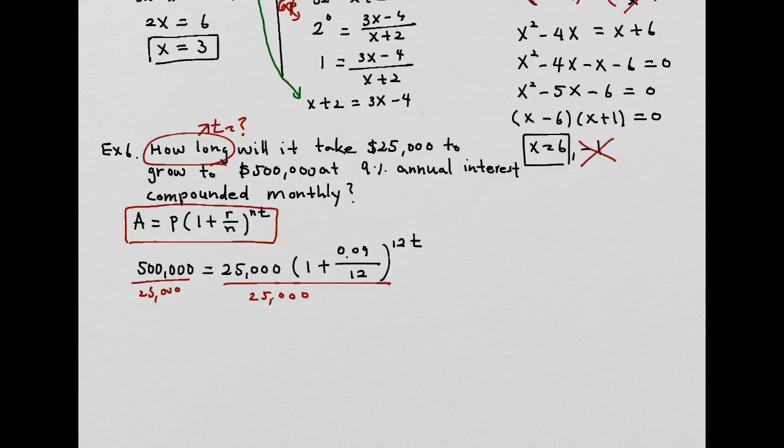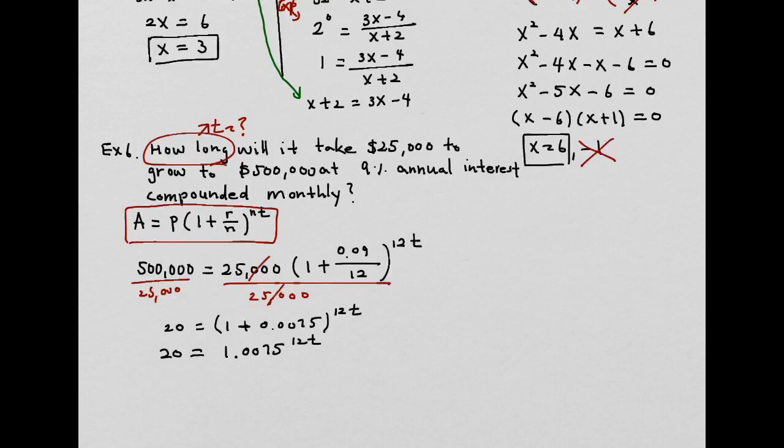Then you get 20 on the left side, and you get 1 plus 0.09 over 12, which is 0.0075, to the 12t exponent. So that is 1.0075 to the 12t exponent.